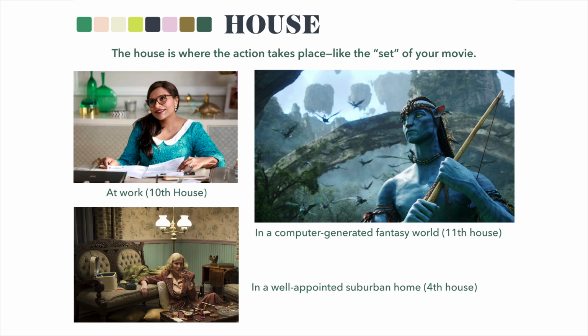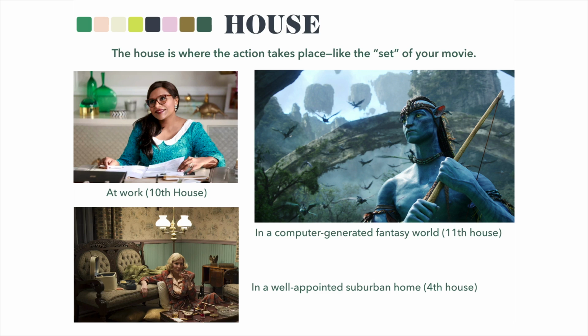And then the houses, again, are the sets of the movie, the places where the action happens. So, if you have planets in your 10th house, which is about the professional realm, you might have a lot of activity happening at work. If you have planets in your 11th house, which is about groups and society and humanitarian efforts and fantasy, you might be someone who spends a lot of time dreaming about the future or going to festivals and comic conferences or dreaming of a utopian world.